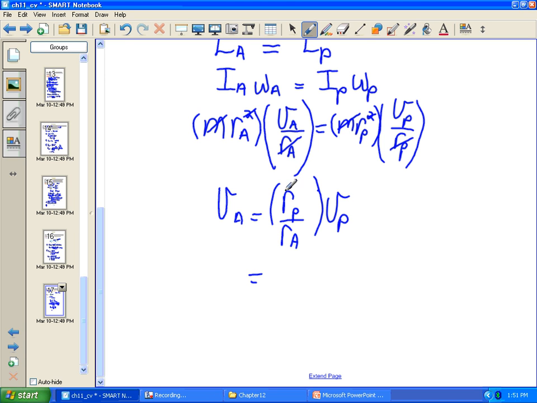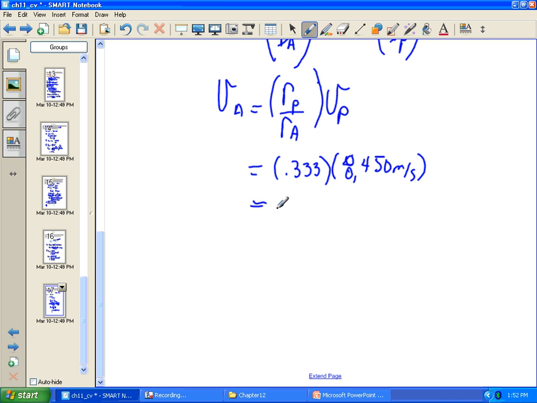And when we plug in our numbers, r sub p over r sub a gives 0.333, times the speed at perigee, which, if you recall, was 8,450 meters per second. So when the satellite is at apogee, at its furthest point, it's actually moving at 2,818 meters per second, or 1/3 the speed that it had at perigee.